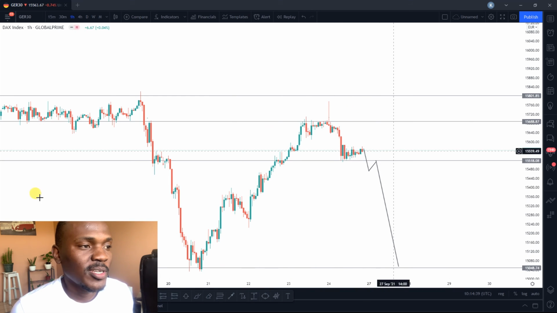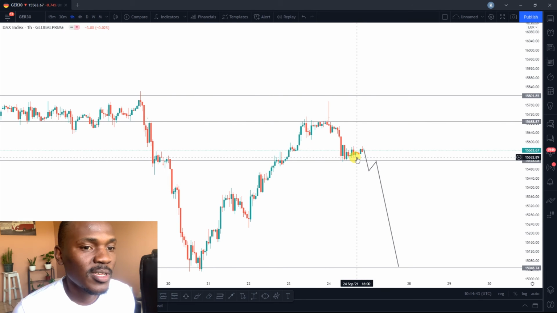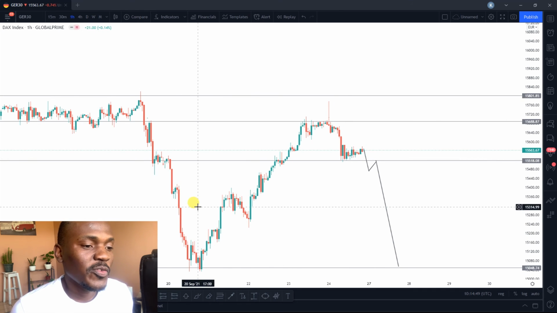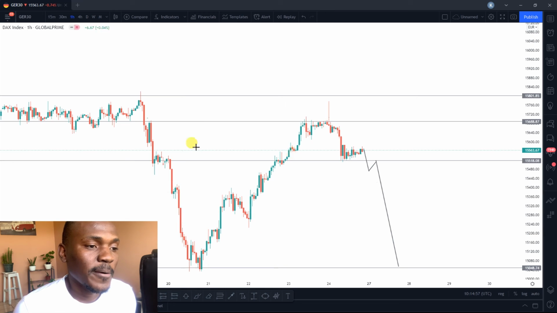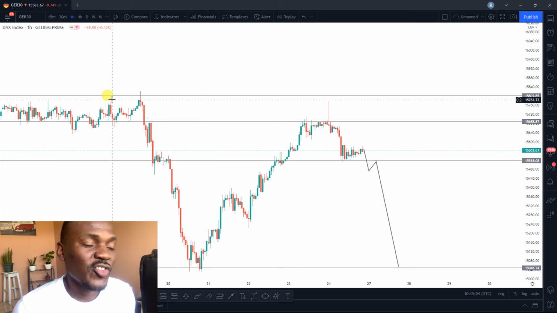I know NAS 100 is very familiar to you guys, but it moves almost the same as NAS 100. So yeah, this is what I'm seeing in terms of support and resistance. But there's more strategies that you can use to tackle this type of market, which is the strategy that we'll do in the next video, the trend line strategy.